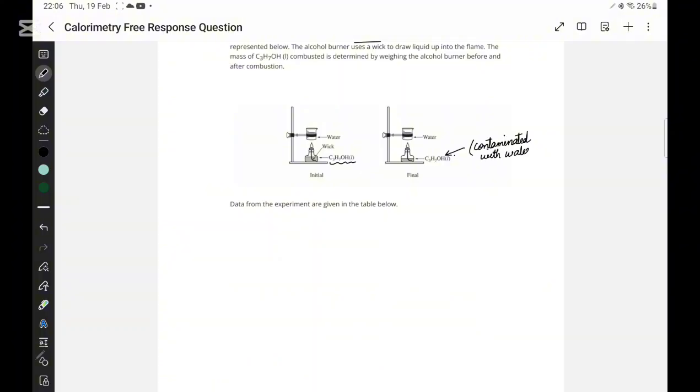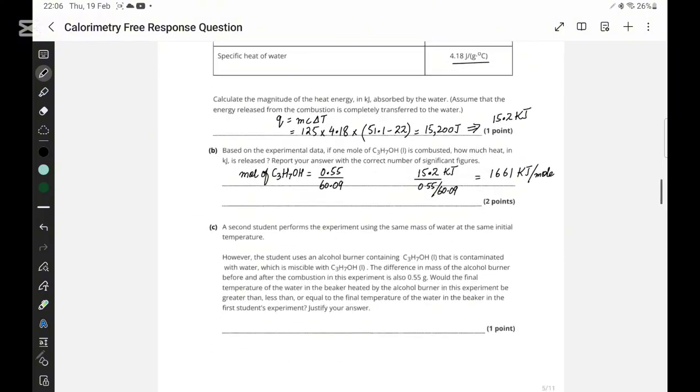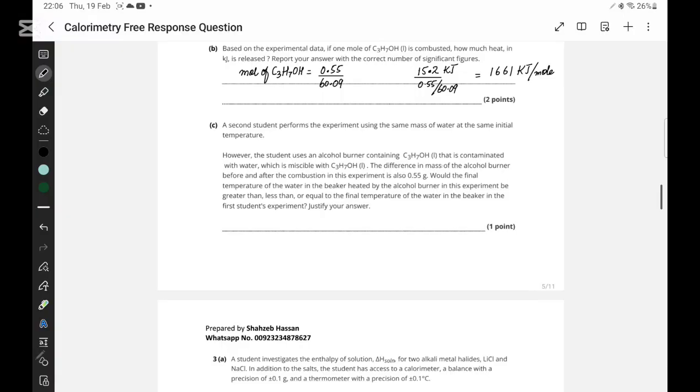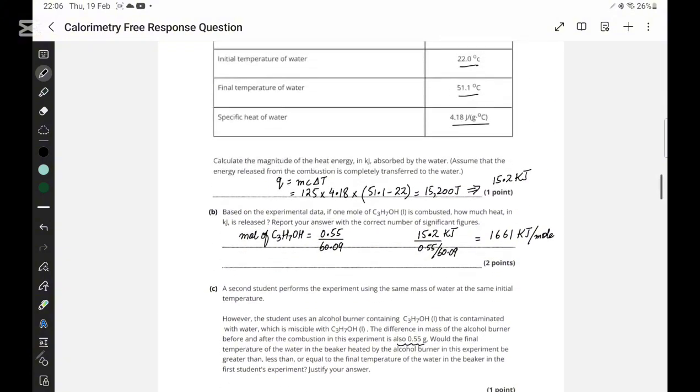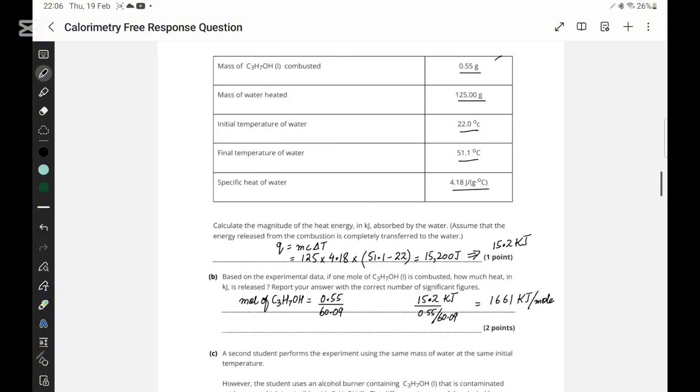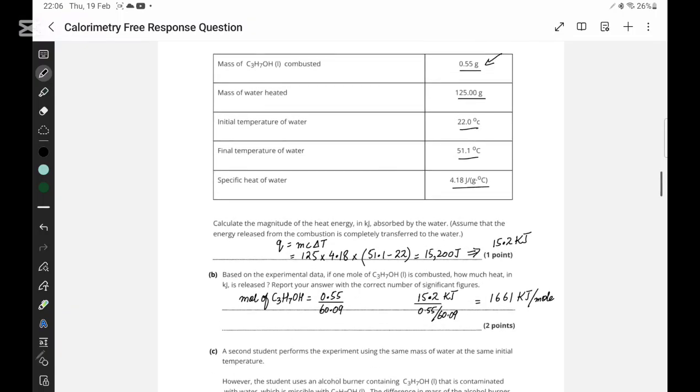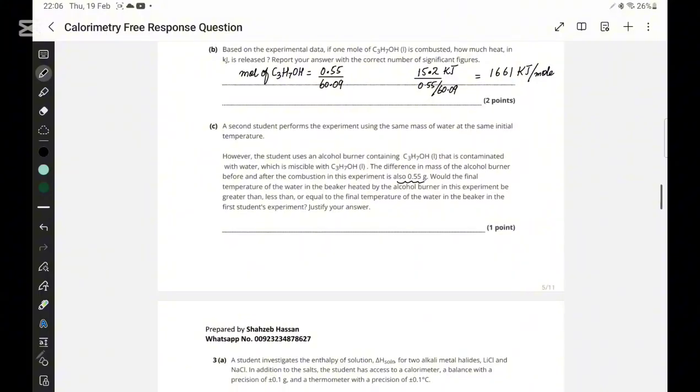Water and alcohol are miscible, meaning they can dissolve into each other. The difference in mass of the burner before and after the combustion is also 0.55, so the mass of alcohol and water burned is also 0.55.